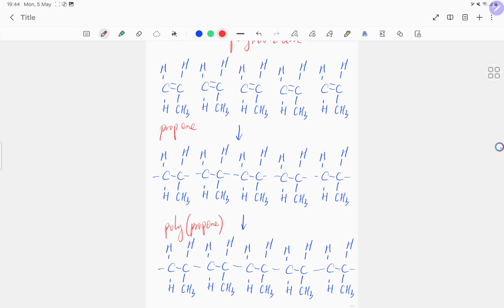What happens if there's another double bond here, and it goes down?